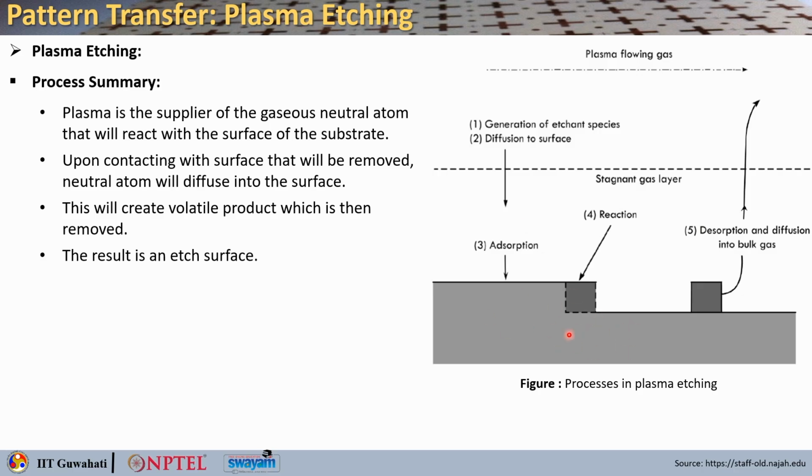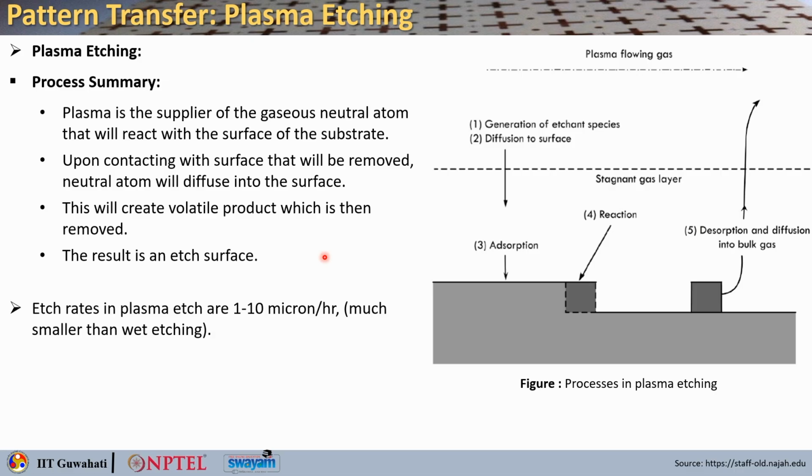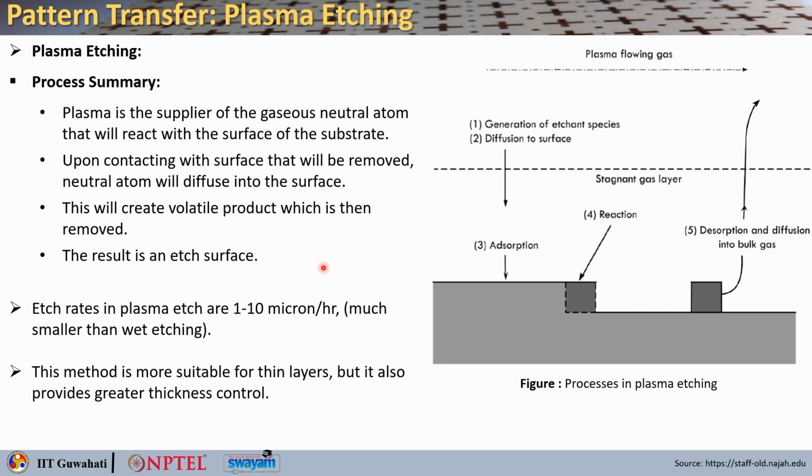So, this is the process, and finally, you will get an etched surface, and the etch rate in plasma etching is typically 1 to 10 micron per hour, which is much smaller than wet etching. However, this method is more suitable for thin layers, and it also provides greater thickness control.